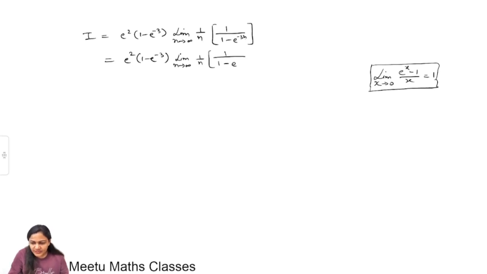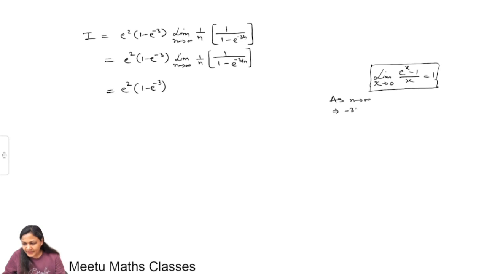So this can be written as minus 3 by n. Okay. And as n tends to infinity, minus 3 by n tends to 0, since the denominator becomes infinite.